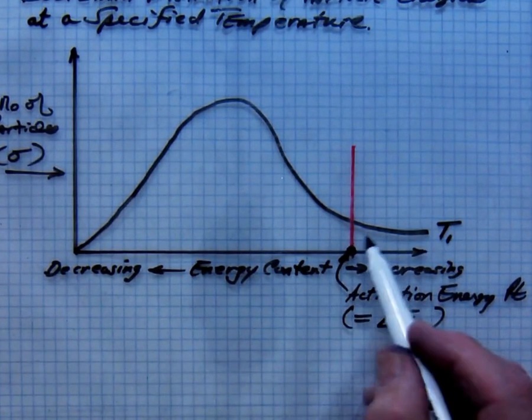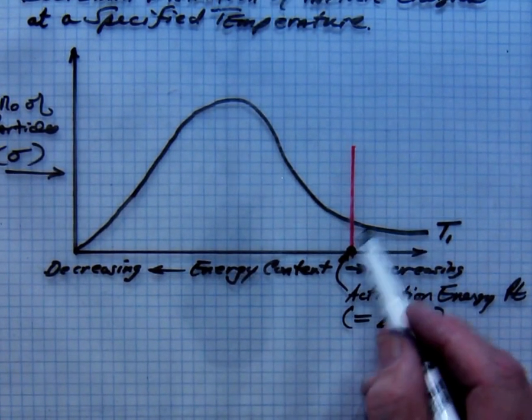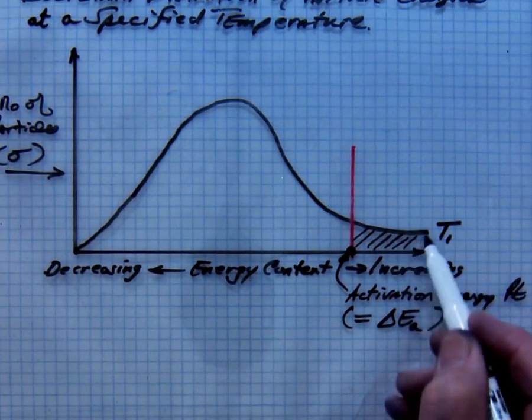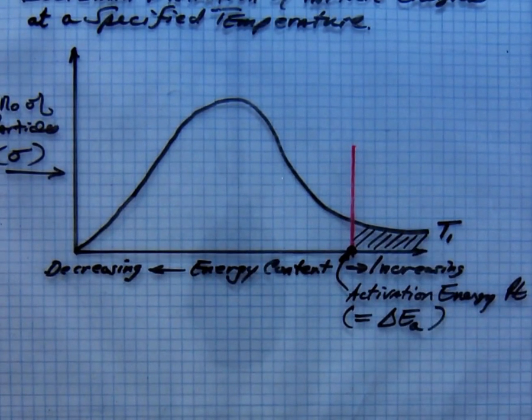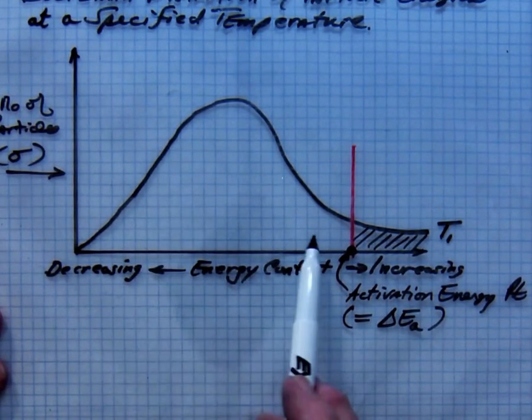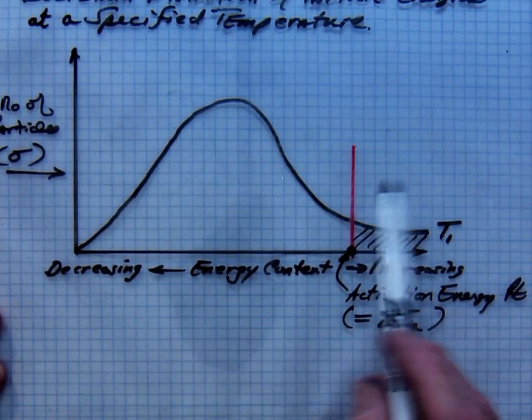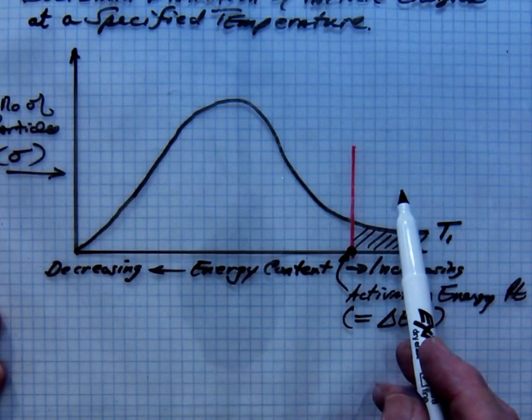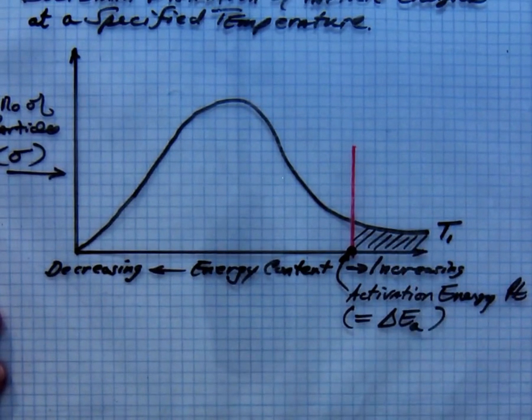So in the diagram that we have, the particles under this curve, or in the area under T1, have sufficient energy to generate products. However, if we heat this overall quantity of particles, then we can shift some of those particles that do not have sufficient energy across the activation energy line so that more particles can undergo reactions.